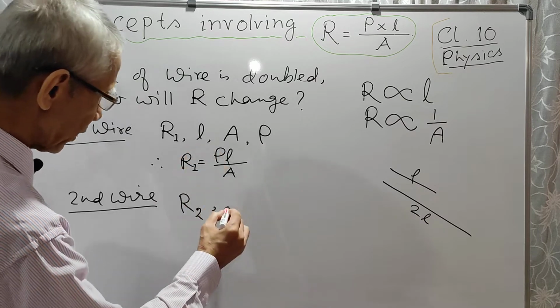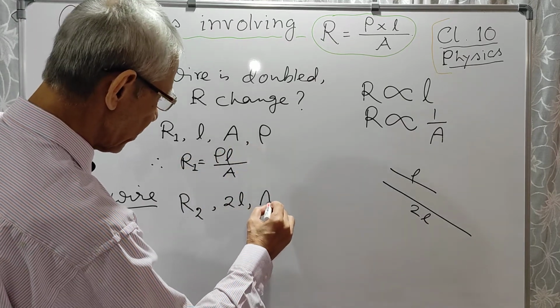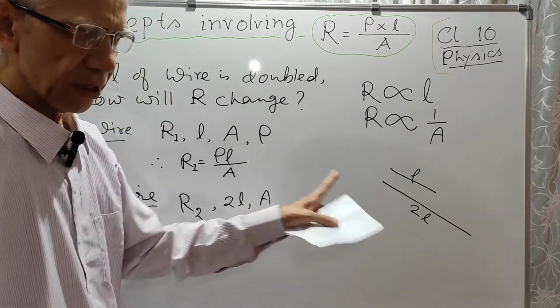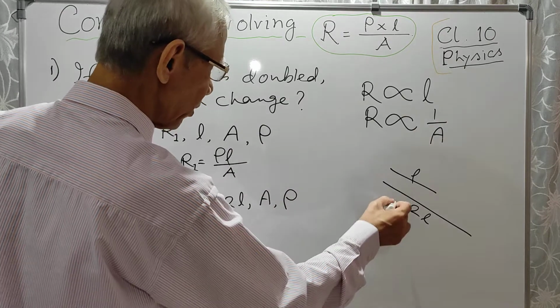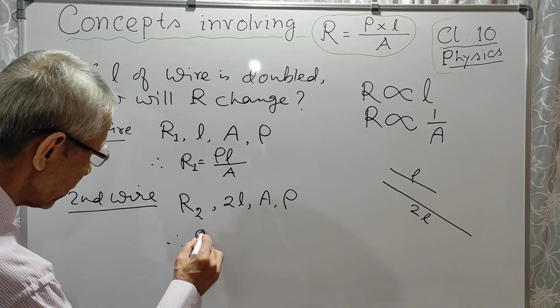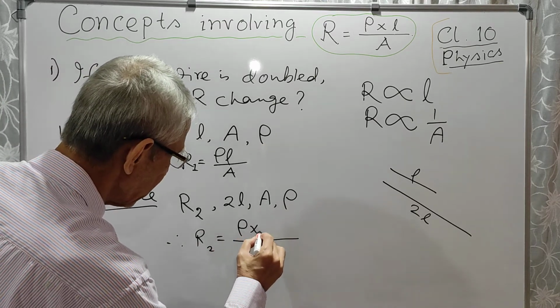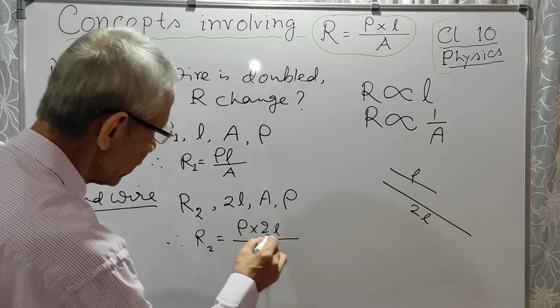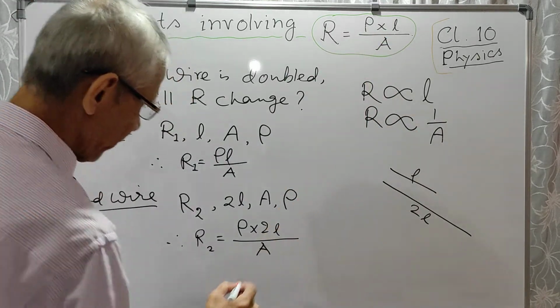R2 has length twice L, and the cross sectional area is the same, same kind of wire. So the cross sectional area will remain the same, and rho is obviously the same, because both are made of the same material, copper. So what we get? R2 equals rho into twice L by area A.